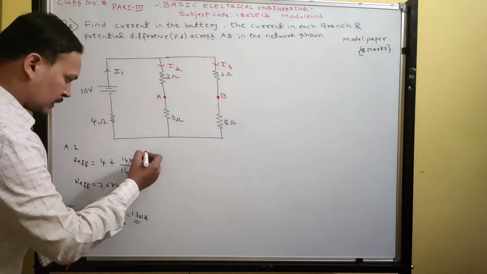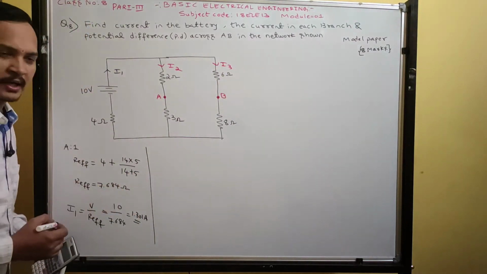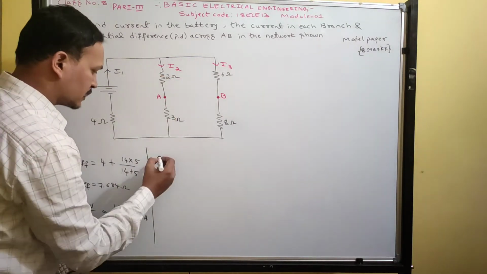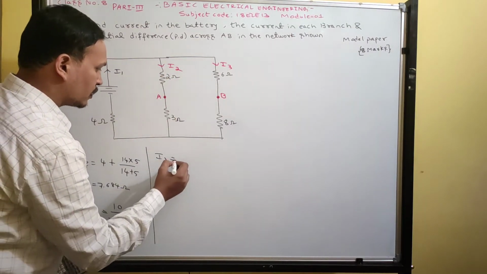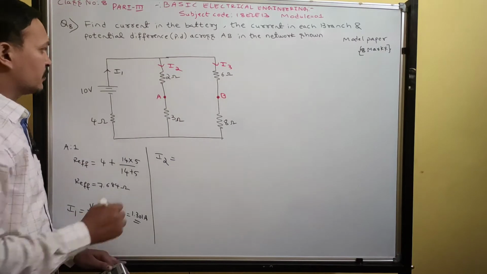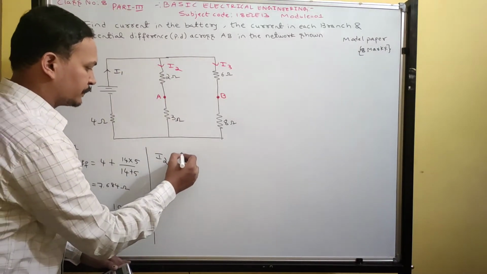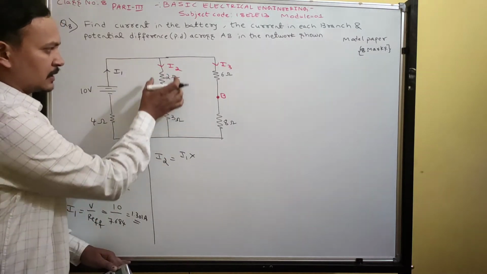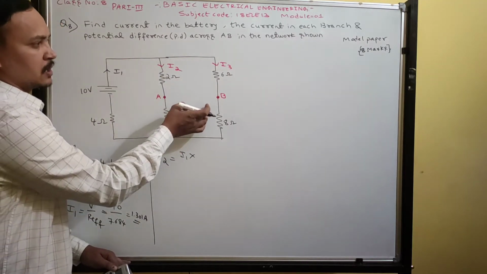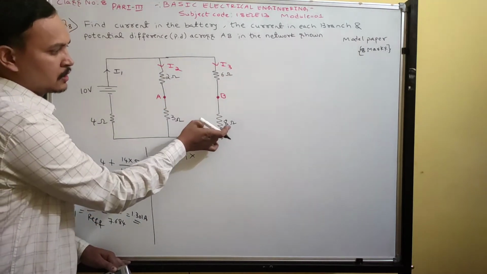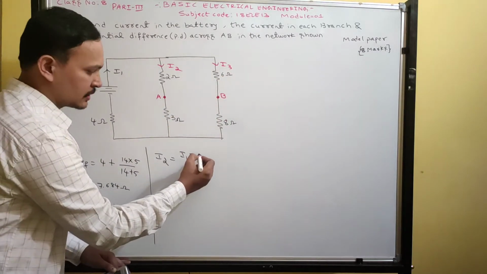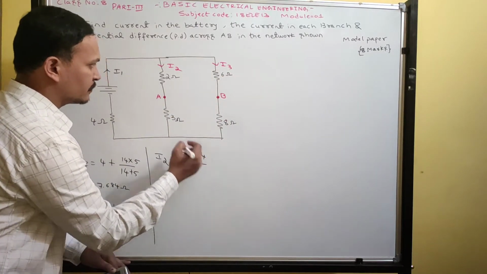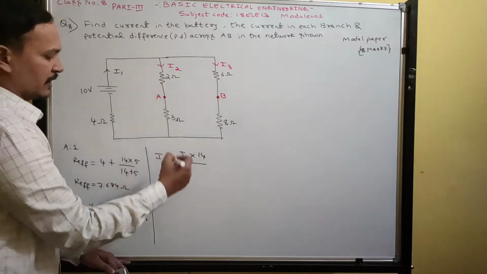By using the current division rule, how to find I2? I2 can be determined by the supply current into the other resistance. I am finding current in this branch, so take the other branch resistance, which is in series: 6 plus 8, it is 14 ohms, divided by 14 plus 5.